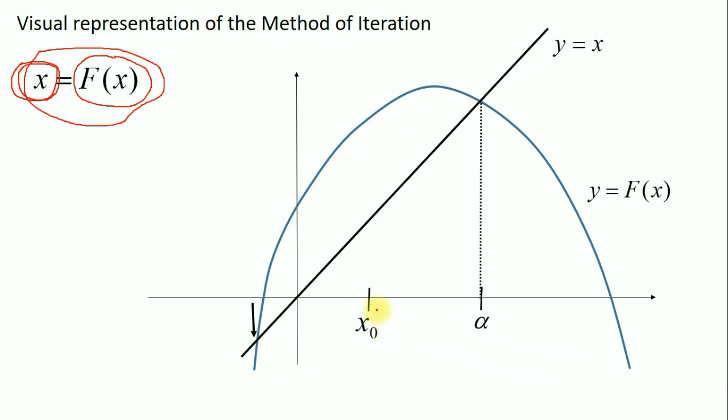Now let x0 be the initial approximation. If I substitute this initial approximation into f(x), you will get f(x0) here, and you will get this value f(x0).